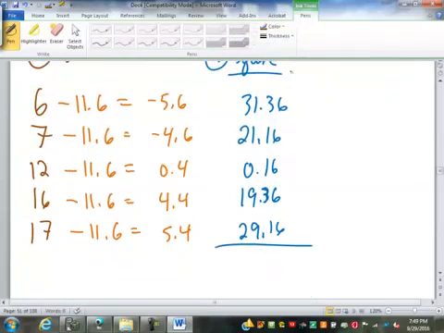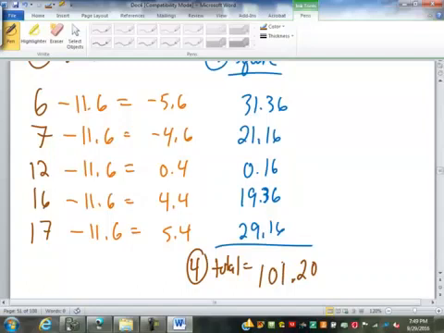Step 4, add them all up, total them up. Which that's going to add up to what? 101.20.